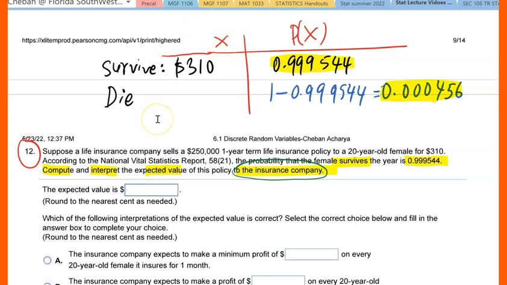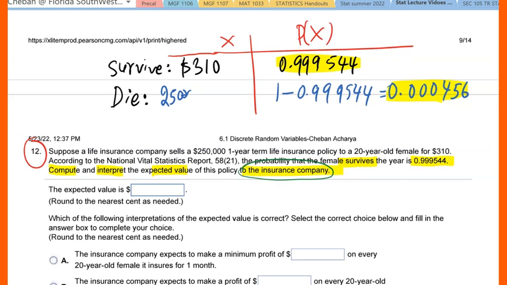If the policyholder dies, if this 20 years old female dies, what happens? The insurance company needs to pay. How much? Since $310 is already collected from the policyholder, you subtract: 250,000 minus 310.